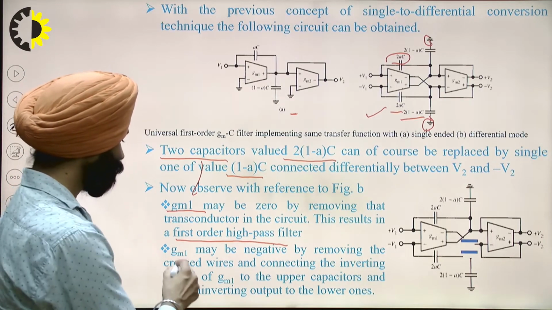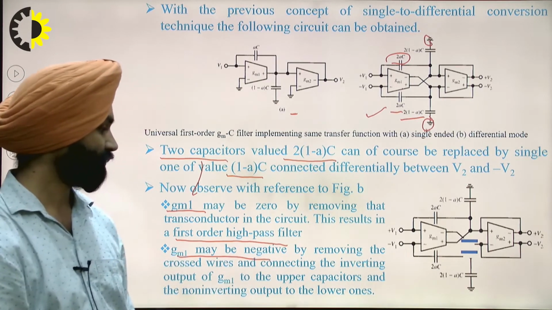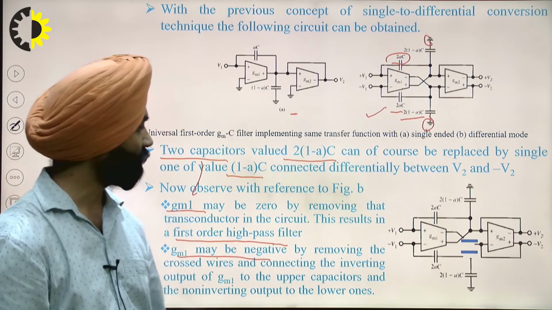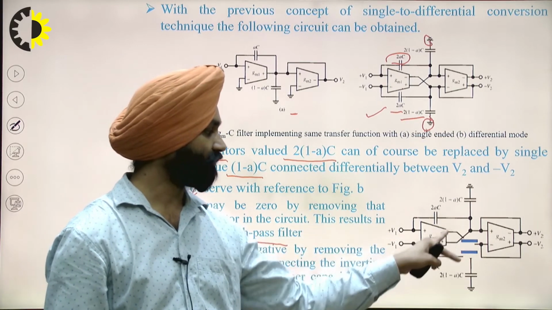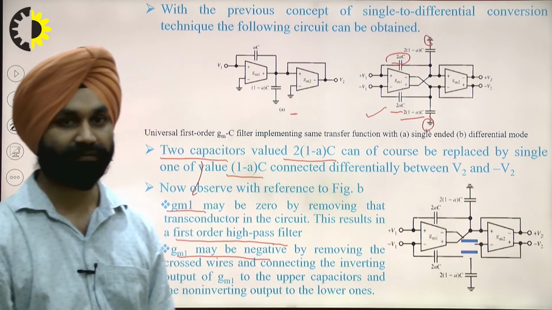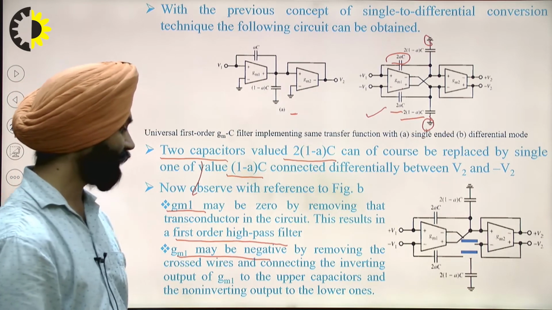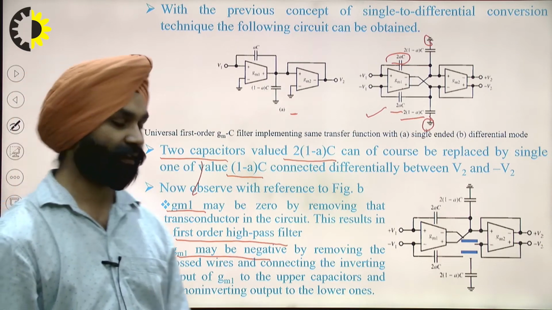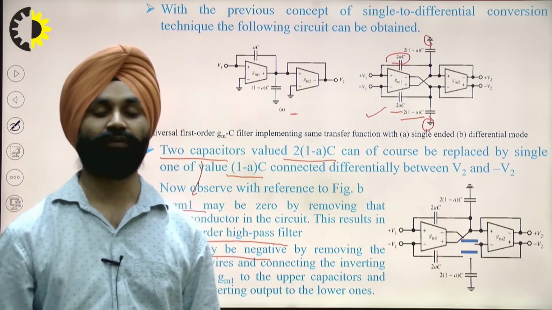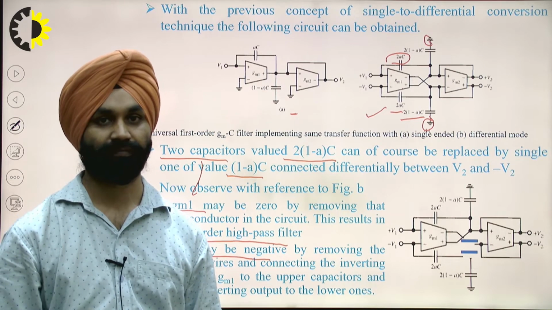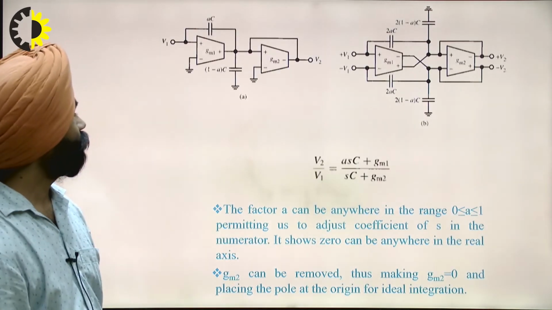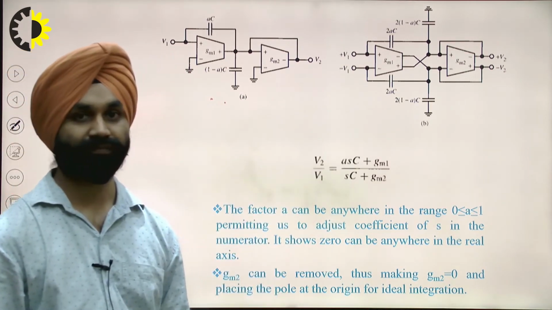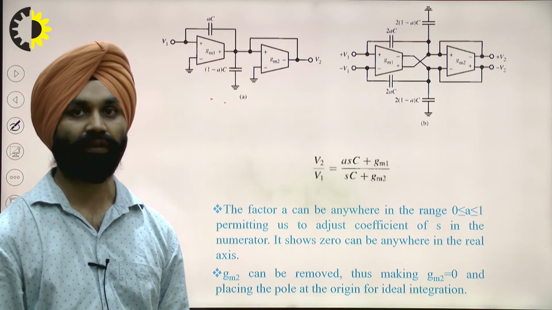If GM is negative, by making it cross wired or by taking a negative resistance, GM1 is negative, then the upper capacitor and the lower capacitor will give a non-inverting output. So we can create this filter, a differential first order filter.